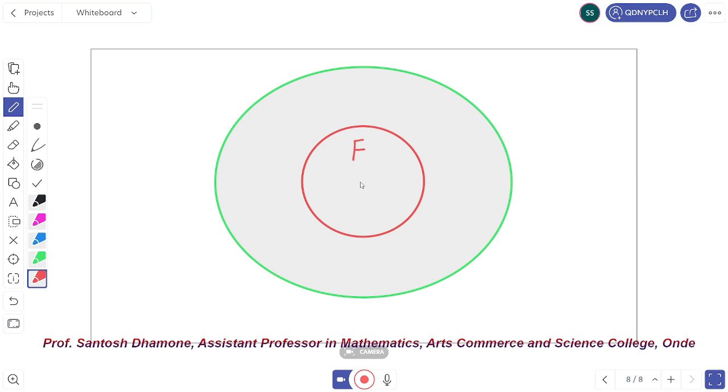This is point P1 comma P2. When you draw a circle about this point P1 P2, then it is contained in the complement of F. Therefore the complement of F is an open set.